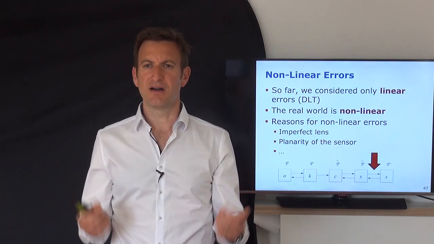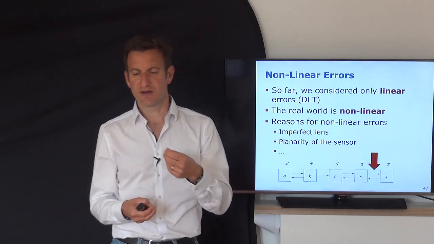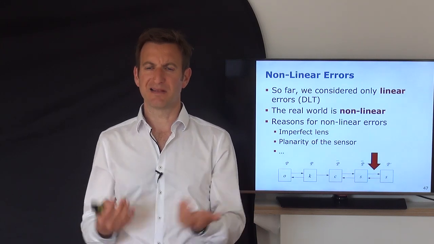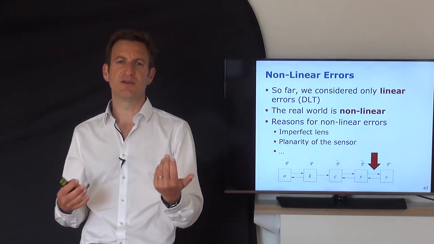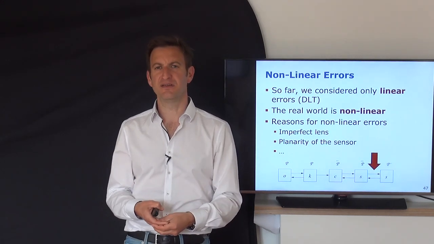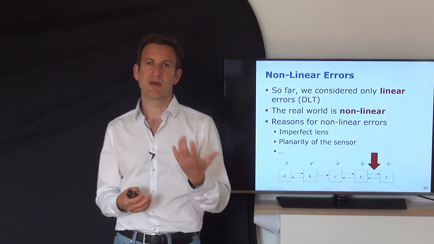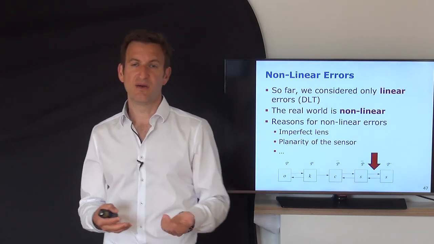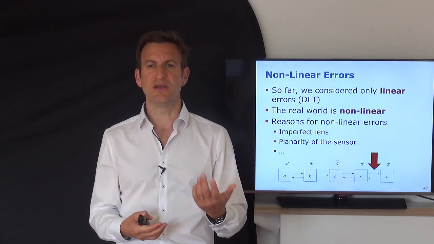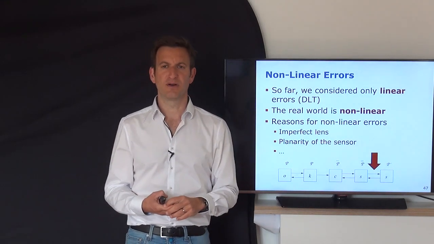Other things are the planarity of your sensor or certain other aspects of an imperfect production process of your camera. And lenses will always be imperfect. You can even argue that the quality of lenses has decreased over the last 40 or 50 years, because 40 or 50 years ago we had higher quality lenses than what we actually have today in our cameras. So it's even more important to look into those nonlinear errors and compensate for them.